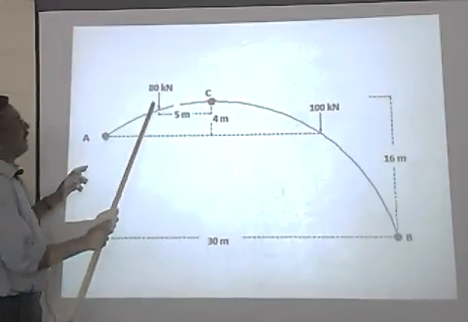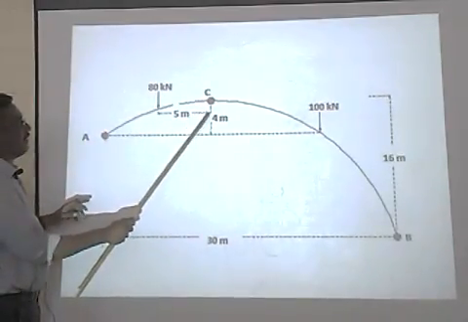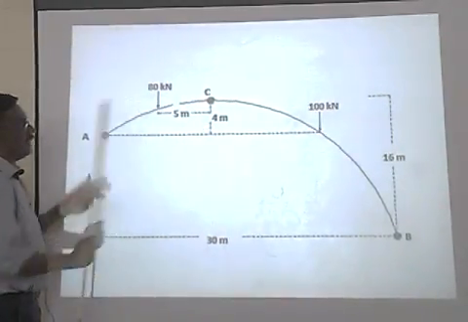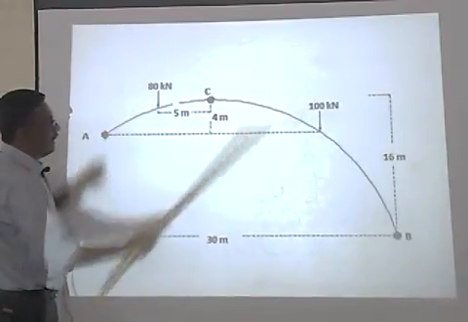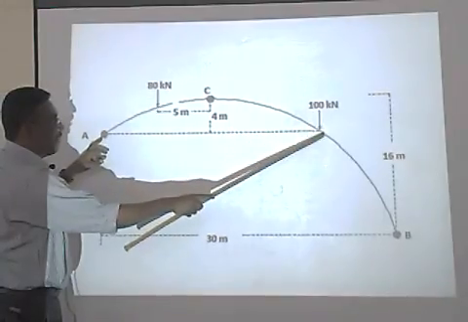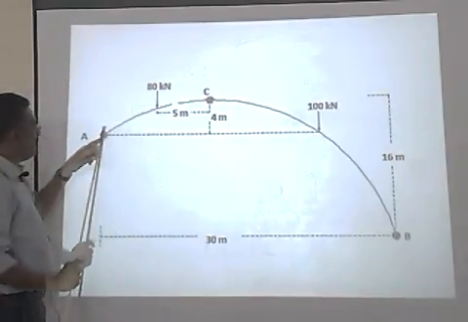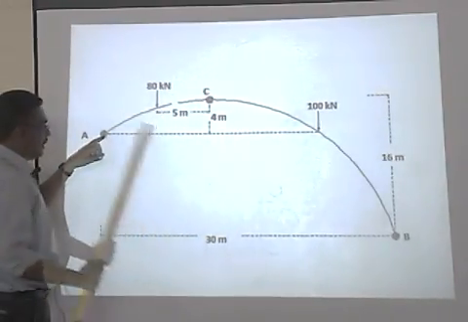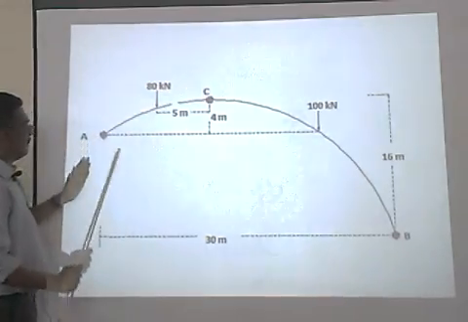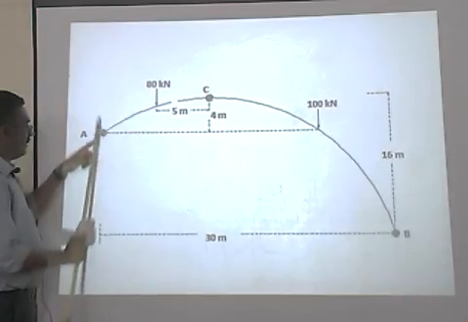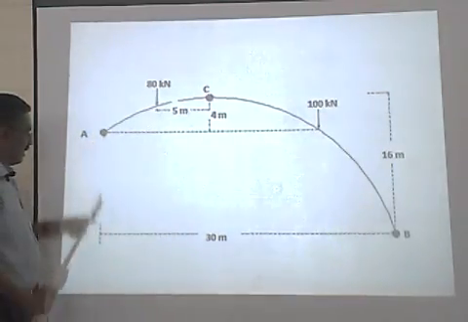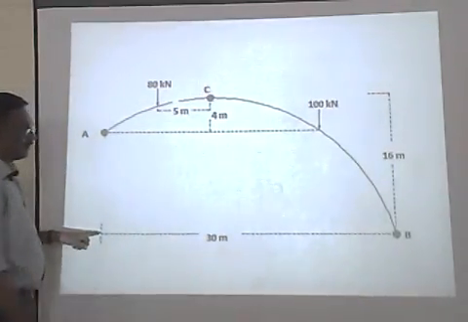The first load point is 80 kilonewton that acts at 5 meter from crown C. The second load point is 100 kilonewton that acts at this level. This point is at the same level as A. The span of the arch is nothing but the horizontal distance between the two supports A and B, which is given as 30 meters.